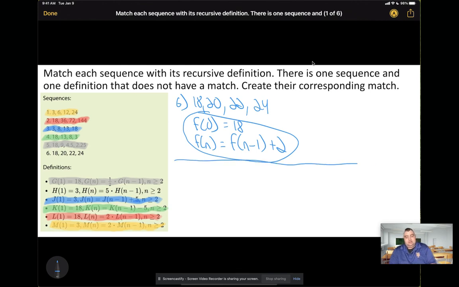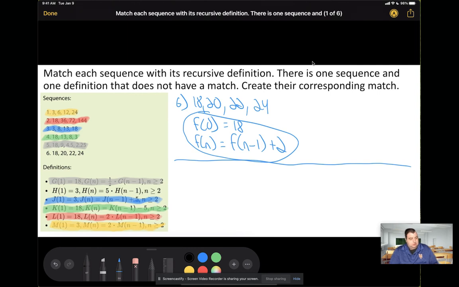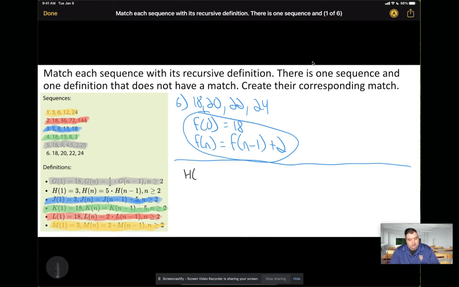Okay, let's do a match for H now. H was H of 1 equals 3, and H of n equals 5 times H of n minus 1.